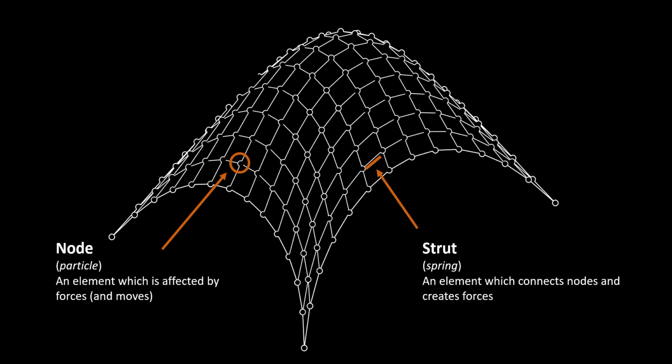All you care about is the dynamics of particles and springs and the equilibrium of the system. You have two types of elements, nodes and struts. Struts are for strength, so for forces, basically, and nodes are what is affected by those forces. And that's all. That's enough of theory.